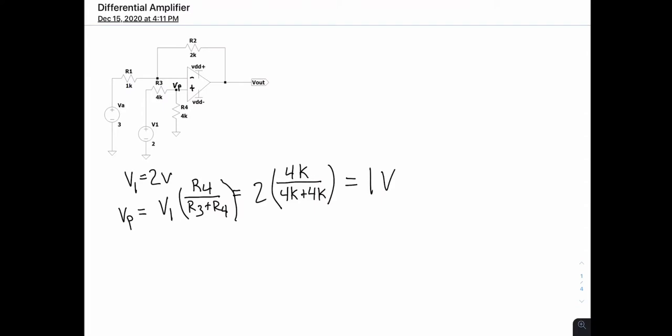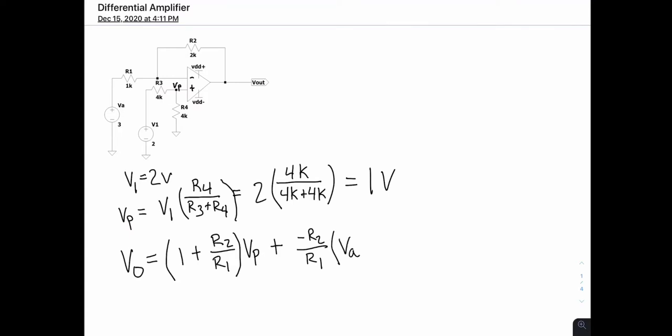Putting this all together, we're going to have Vout is going to equal, first we'll start with the non-inverting side. We'll have 1 plus R2 over R1 times VP plus negative R2 over R1 times VA.